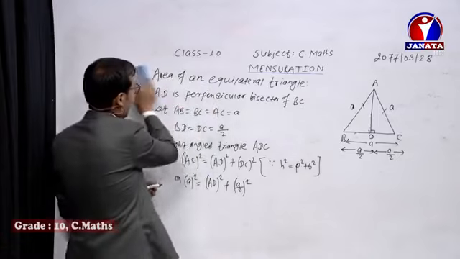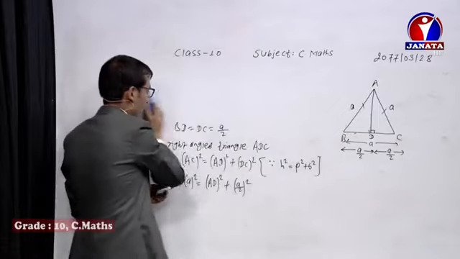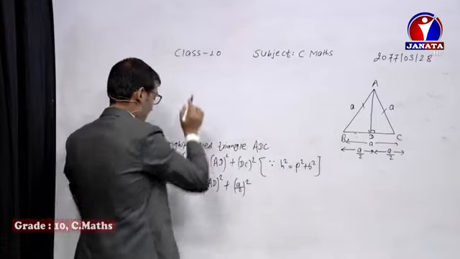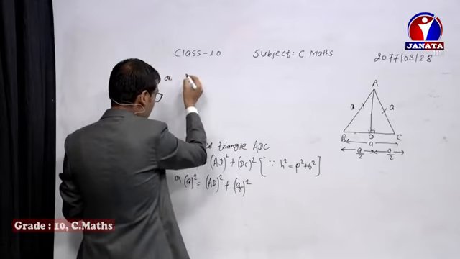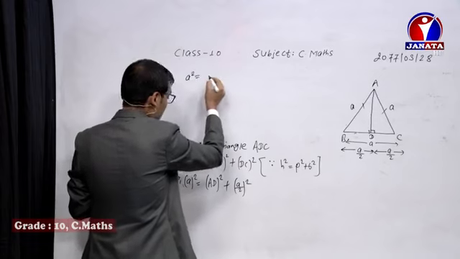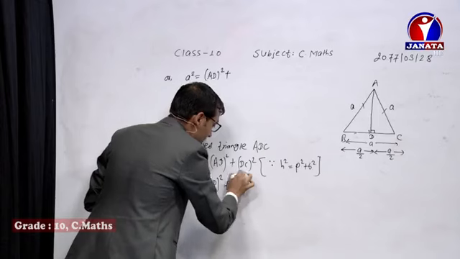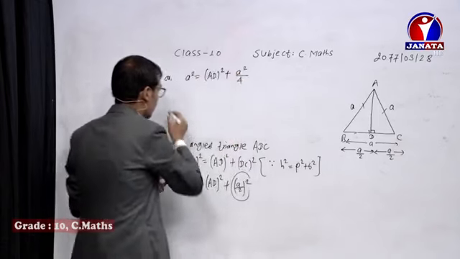So let me write on the top. Let's simplify this and get the value for AD. A square is AD square plus, what is A by 2 whole square? A square over 4.